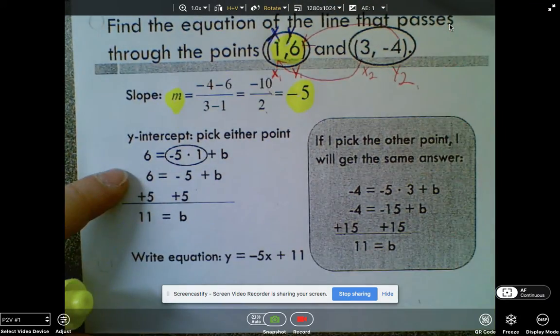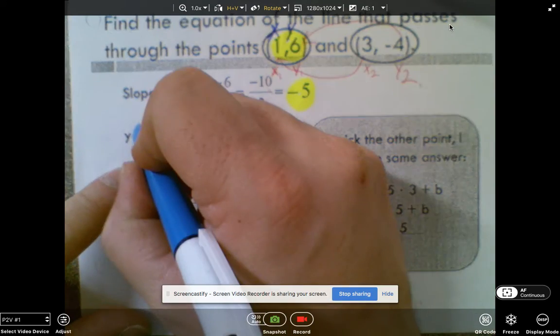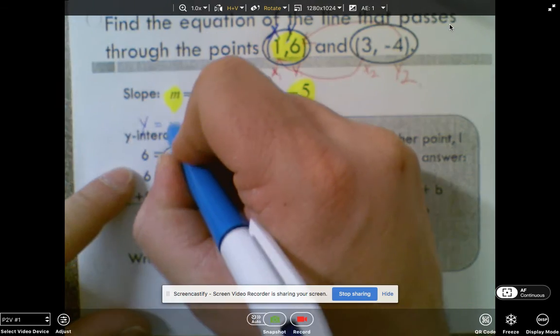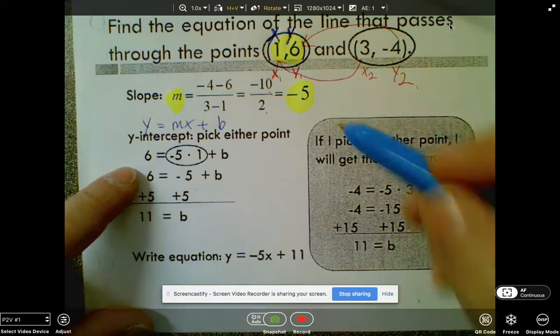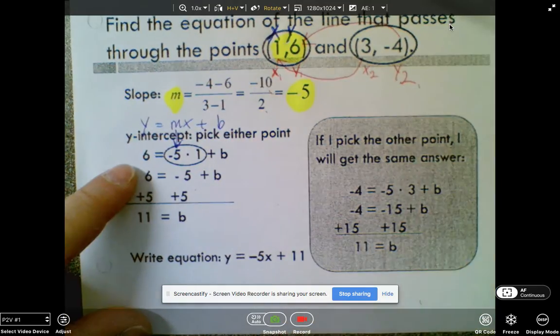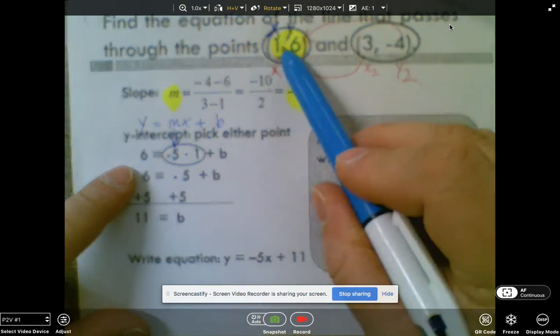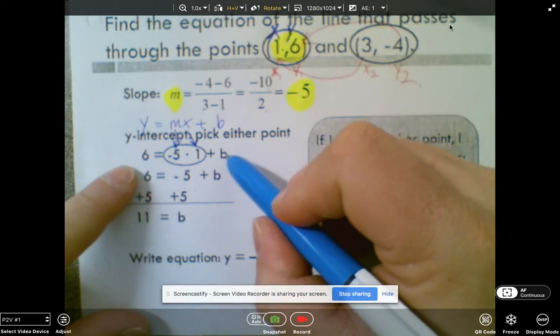So now you plug it into y equals mx plus b. Okay, so your m you already found was -5, and then your x we chose to be 1, and your b is unknown.